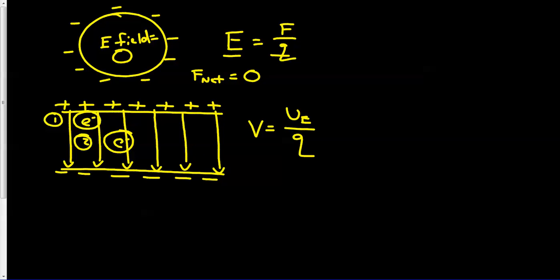However, it doesn't mean that both of those electrons have the same amount of energy stored within them. To answer the question, we know that the potential difference between two places is equal to the amount of energy that something has per unit charge.